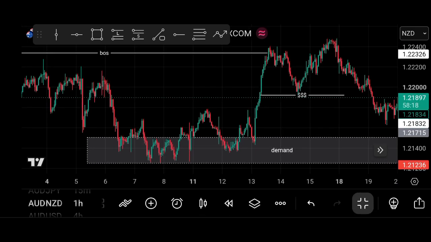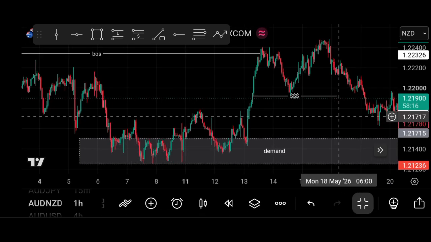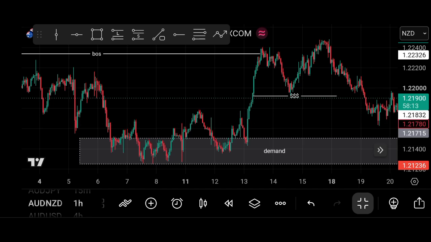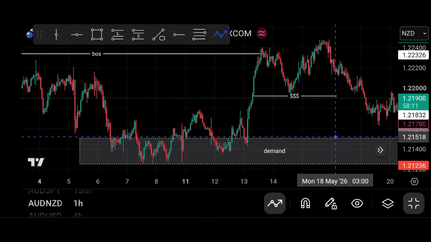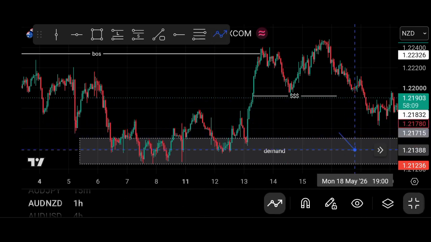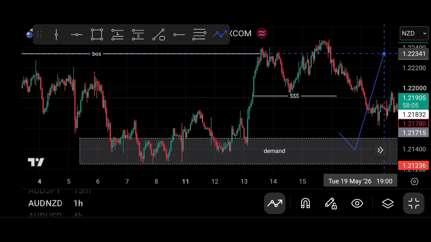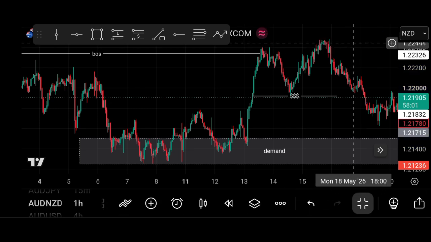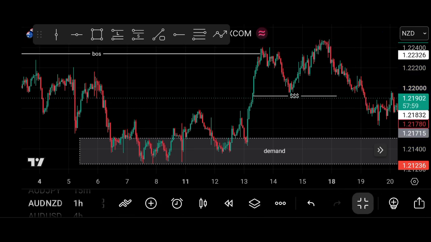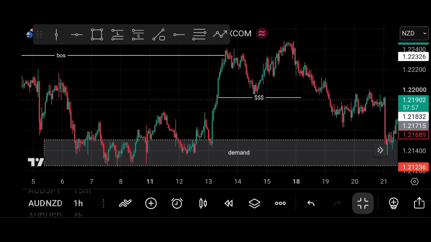So now what are we looking for? We want price to come to our demand zone. When price reaches our demand zone, we expect confirmation before we trail it to this high. This high is our target. So now what happens? Price reaches our demand zone.